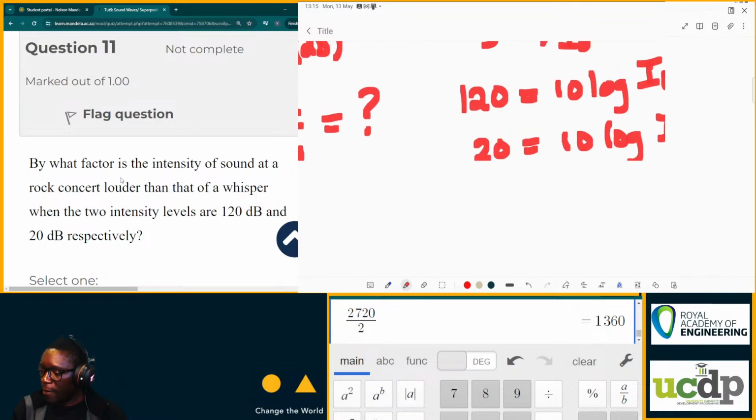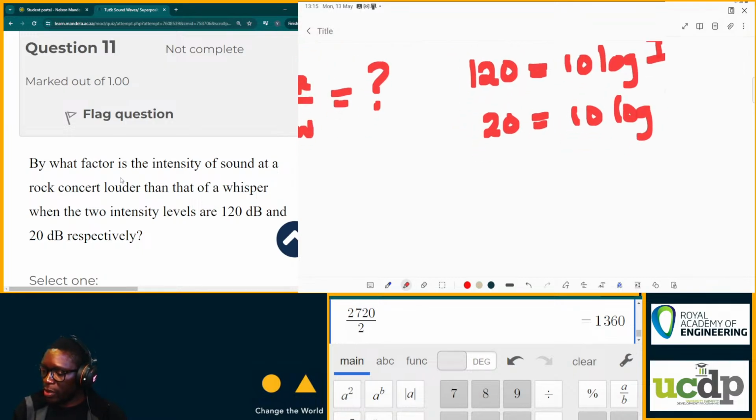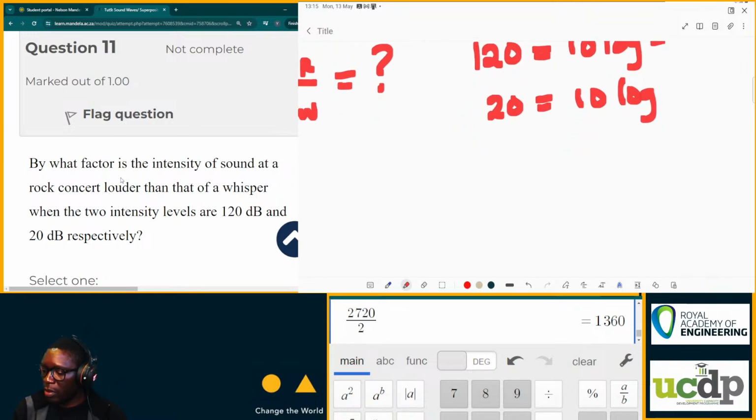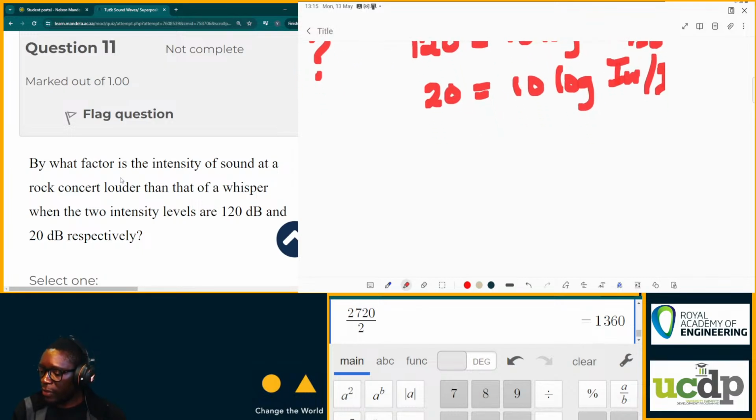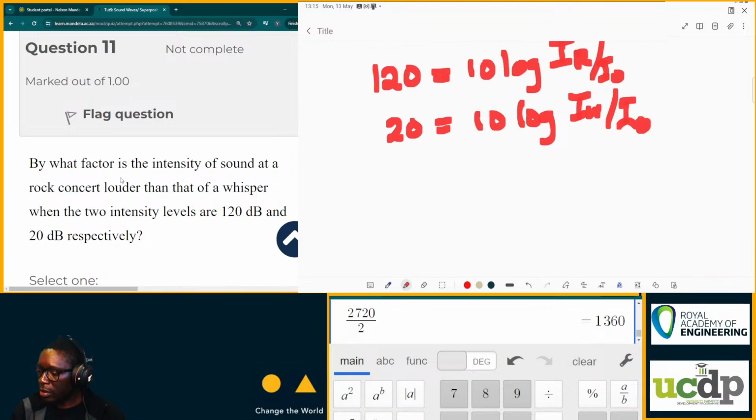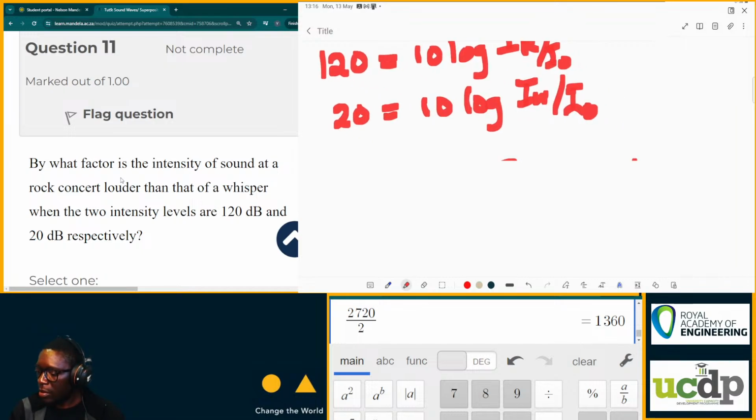Because this is on a decibel scale, 120 minus 20 gives us 10 log IR over I naught minus 10 log IW over I naught.